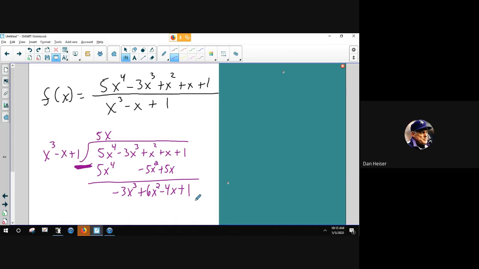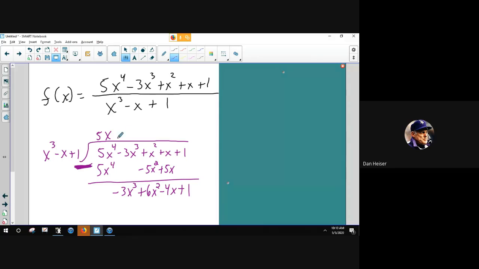Good news, bad news. Bad news is we're using long division, which I agree is not fun. Good news is we don't have to go all the way. A slant asymptote is a line. Lines are written as y equals mx plus b. Here I have mx.